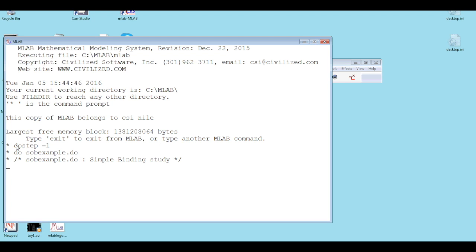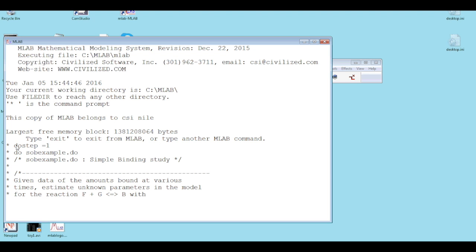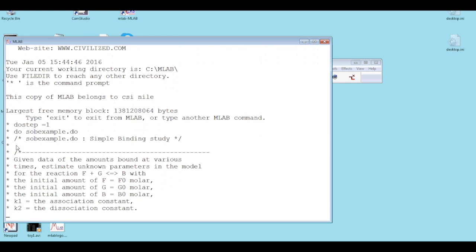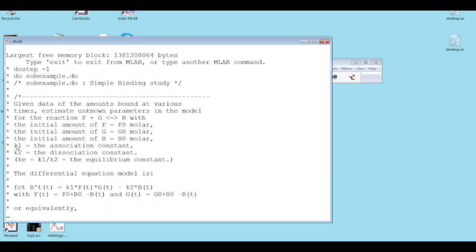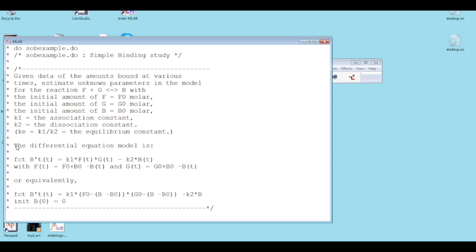The /* */ is a comment, and it says we have a file called sob example.do, and it is a simple binding study. And there's some more comments. Notice the comment spans multiple lines here. There's no */ yet. And we'll just go right on through it until we get to the very bottom.